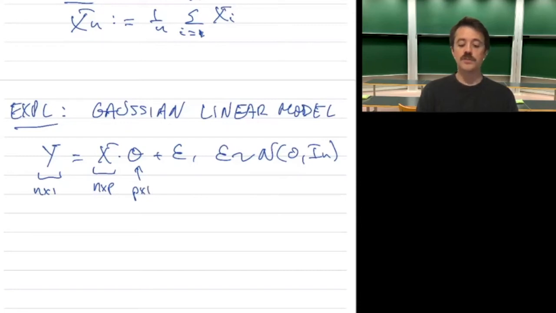And so really what we're saying in the linear model is that we have a vector here of so-called responses. It's just a variable that we are interested in, and what we are really interested in is how it changes as some other variables change.